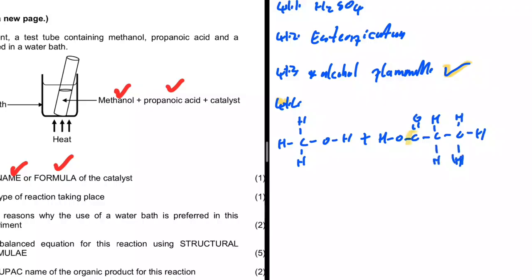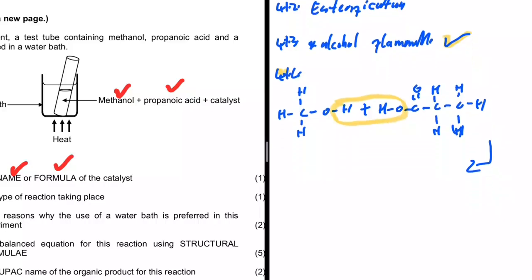Okay, so this carbon is fine, and then this will give us an ester. So what's going to happen? The alcohol loses the hydrogen and the acid loses the OH. As a result, we're going to have carbon, oxygen, and then now carbon. Okay, and then 1, 2, 3. Okay, there we go. And then now we just need to fill out the hydrogens, right? So let's do that.